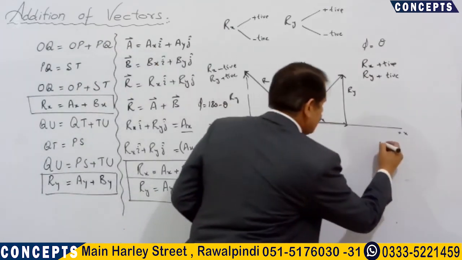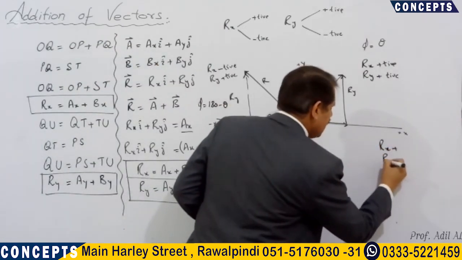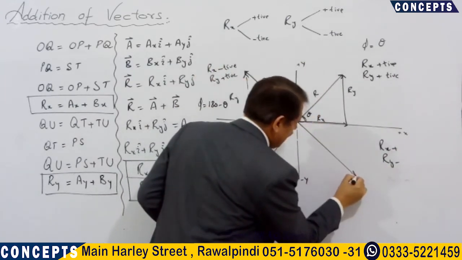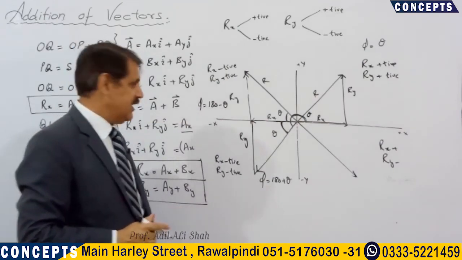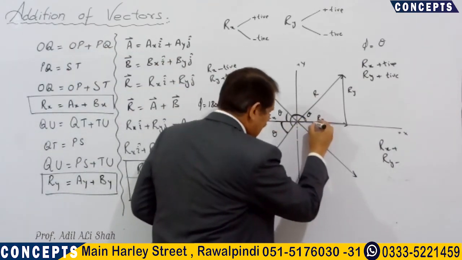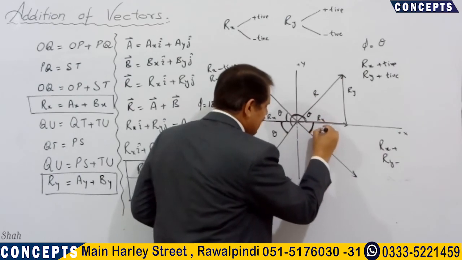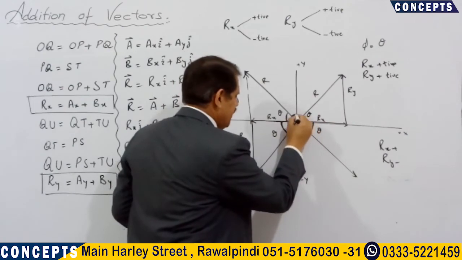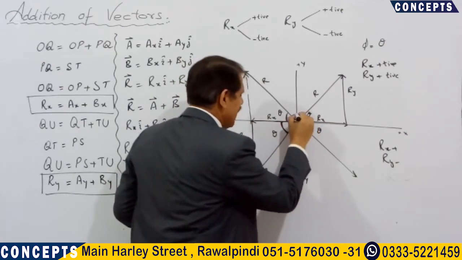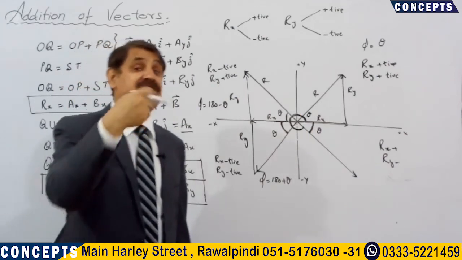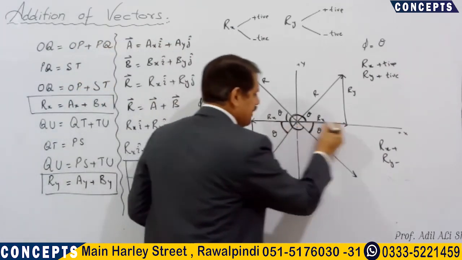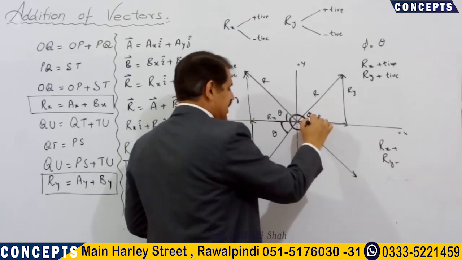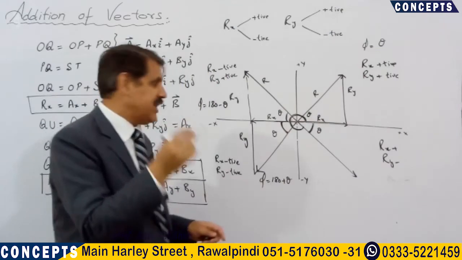And if Rx is positive and Ry is negative, then your resultant would be lying within the fourth quadrant, and the angle which you calculated is this angle theta. But the angle with the positive x-axis would be this bigger angle, as it is always taken anti-clockwise. This one is not the angle, because in this case you would be going along the clockwise direction.